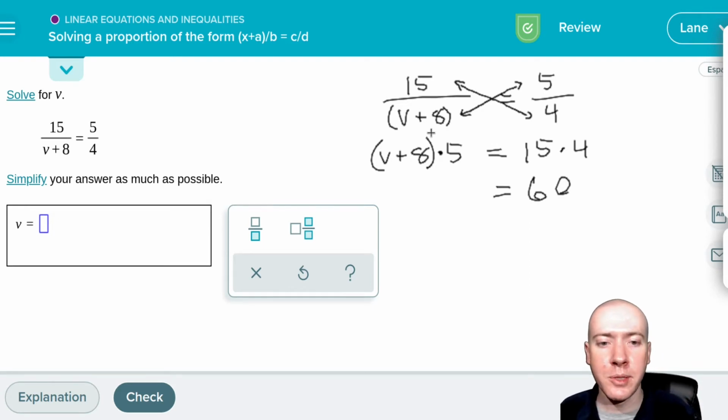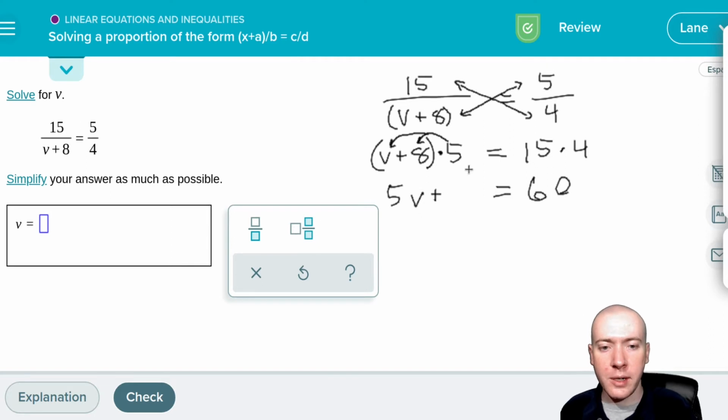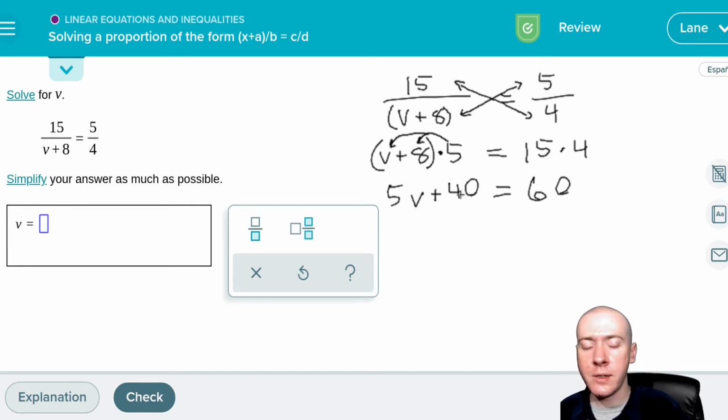So we need to multiply the 5 by the 8 and by the v. So in this next step, we're going to write 5 times v. We're going to write our plus sign, and then we're going to write 5 times 8. What is 5 times 8? It's 40, right? So on the left-hand side, we have 5v plus 40.